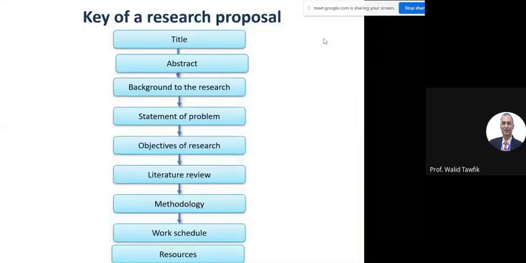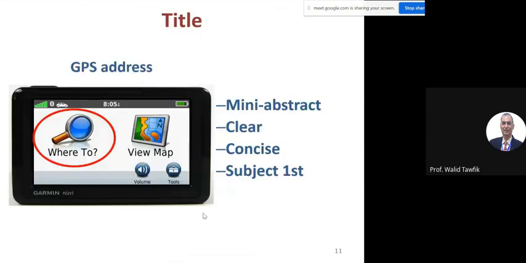So at the end we will have the following: the title, the abstract, background, statement of the problem, objectives, literature review, methodology, work schedule, and resources. What is the title? The title is very important because it describes all about your ideas and methodology and the results and conclusion.